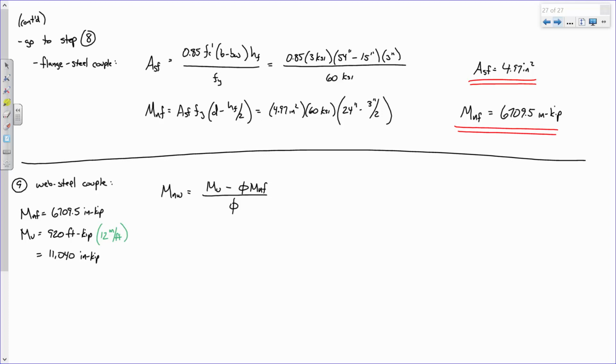So 11,040 inch kips minus 0.9 times 6709.5 inch kips, over 0.9. And so MNW equals what?